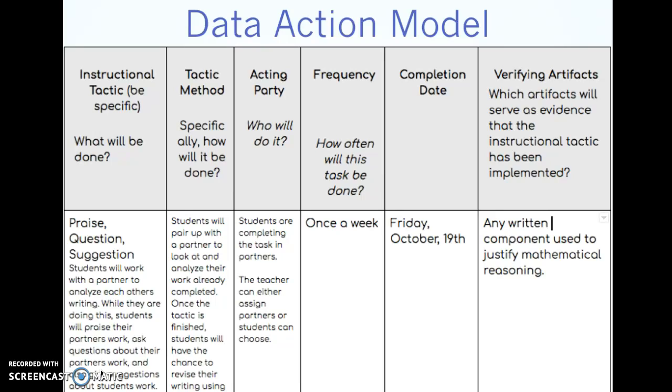Next, this is the data action model that we came up with. The instructional tactic that I was going to show my group was praise, question, suggestion. There was another practicing teacher, so we divided up which artifact or tactic would be shown each data meeting. So this is one that I did, and I will show you data in the following slides about the praise, question, suggestion activity.